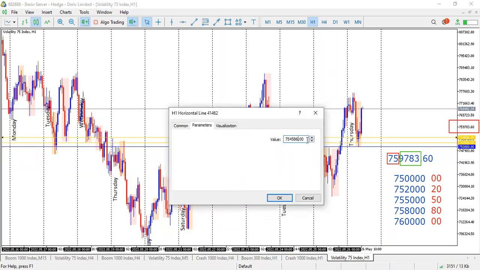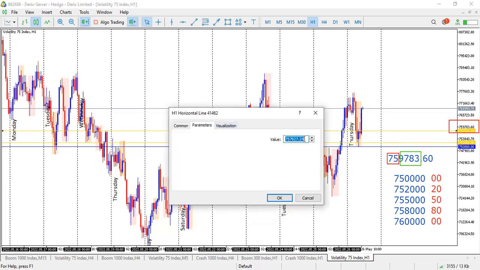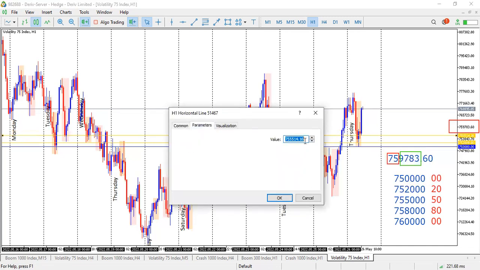75. That's it. And this is after our 20 level. Next we're going to have the 7600 level.